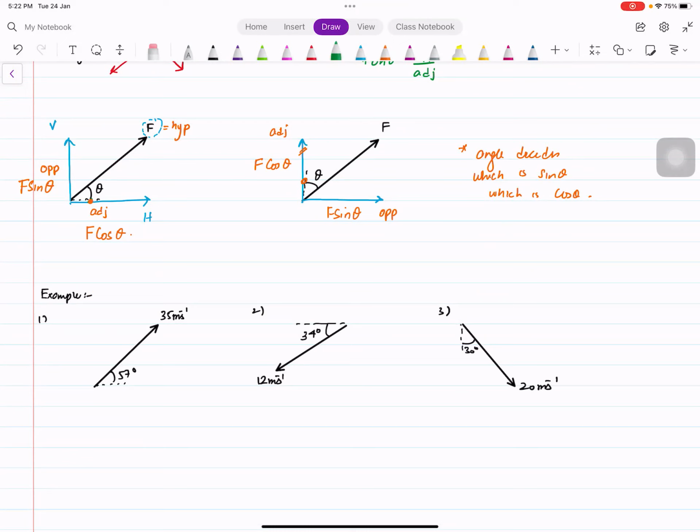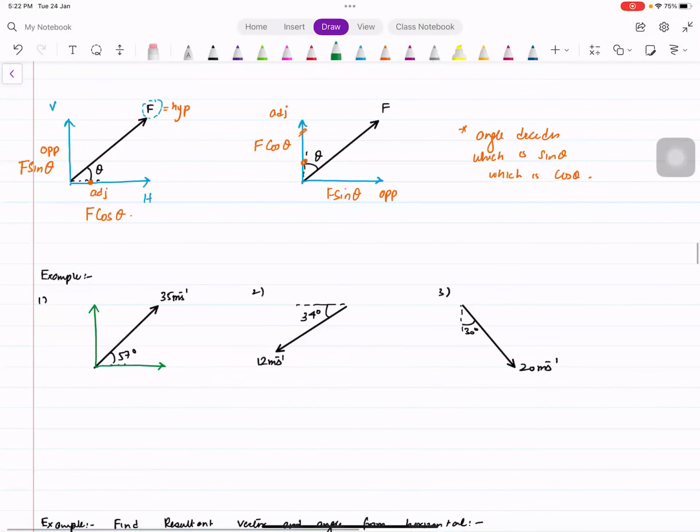One component will be towards the right and the other will be up. If I want to find the values for it, let's call this vertical, and let's call this horizontal. For horizontal, it is going to be 35 cosine of 57, because it is right next to the angle.